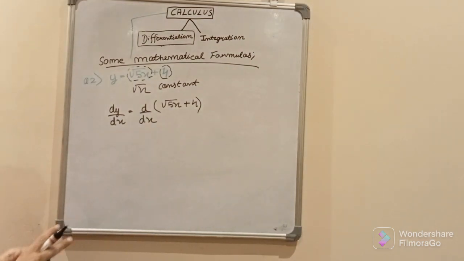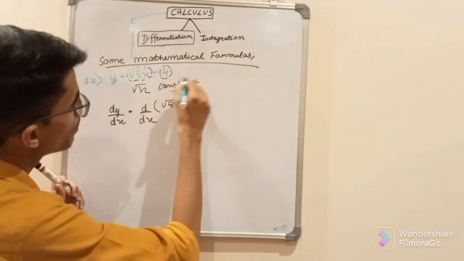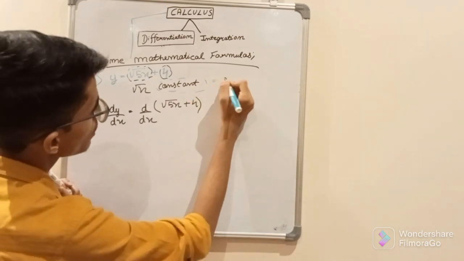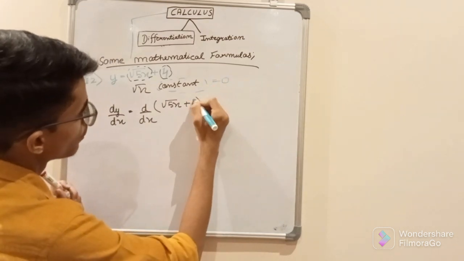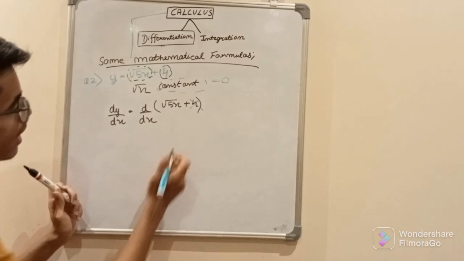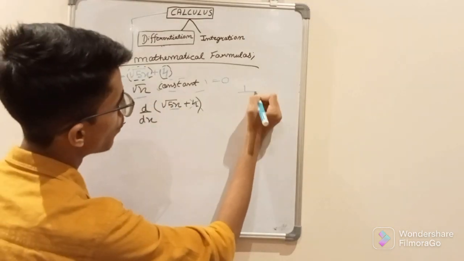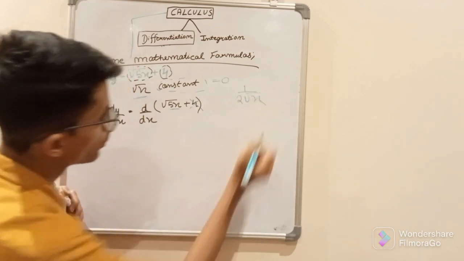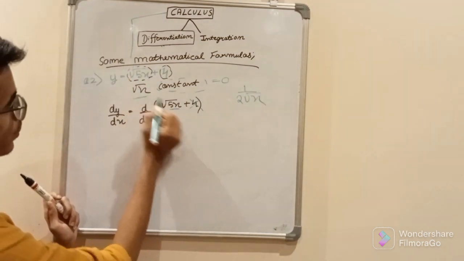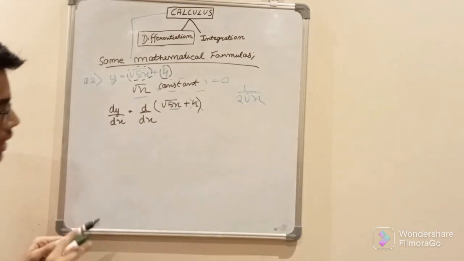Now, we know that a constant cannot be differentiated. The differentiation of a constant is 0. So we can directly eliminate 4 from here, and we know the differentiation of root x is 1 upon 2 root x. Now in place of root x we have root 5x over here.